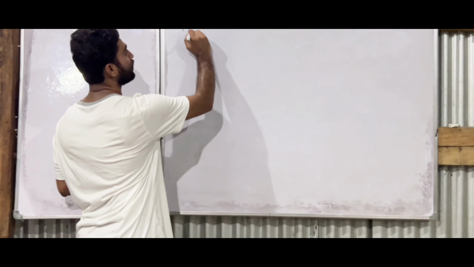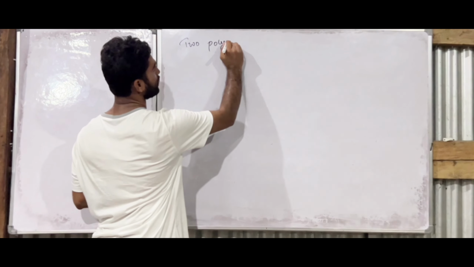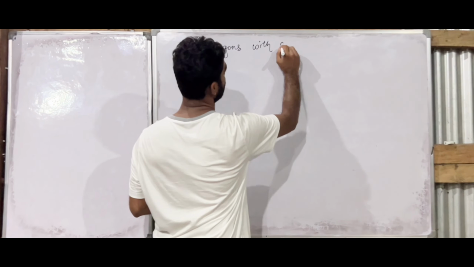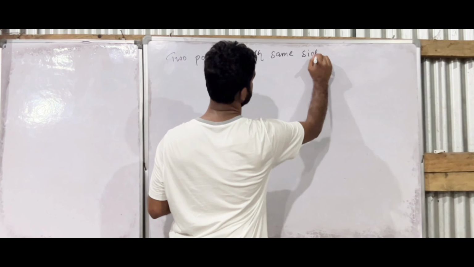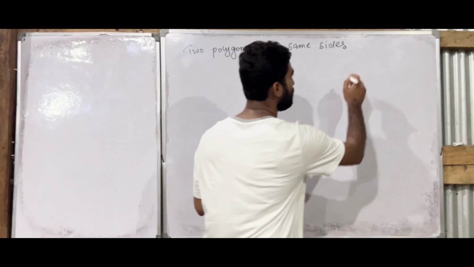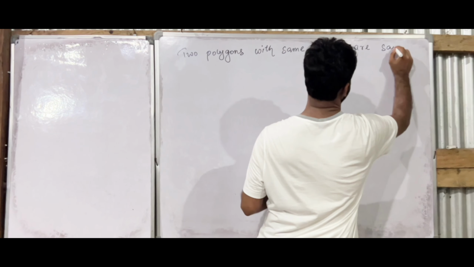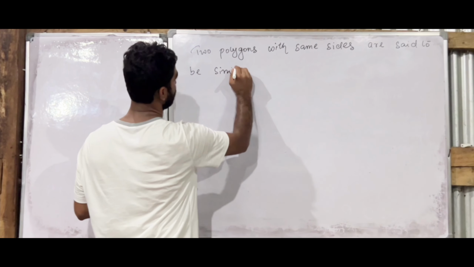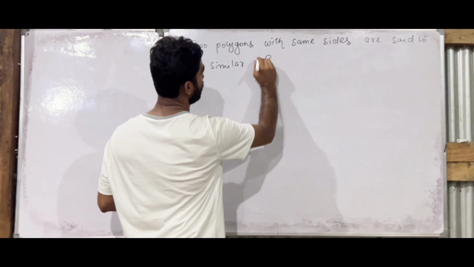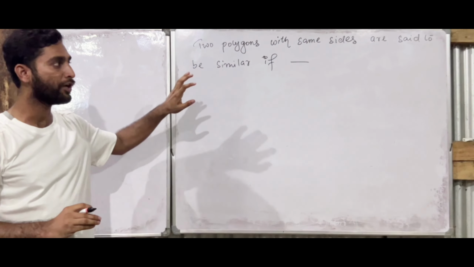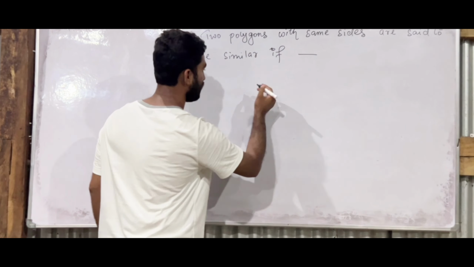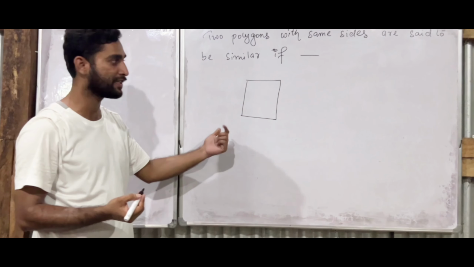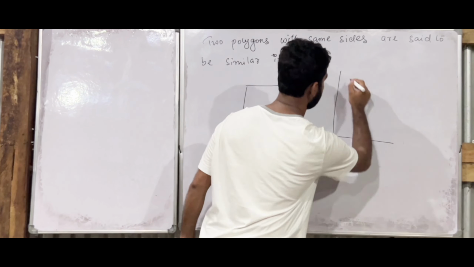Two polygons are said to be similar if... let's suppose, for example, here I am drawing one polygon. All of you are familiar with this polygon, it is a square. Here I draw another polygon.